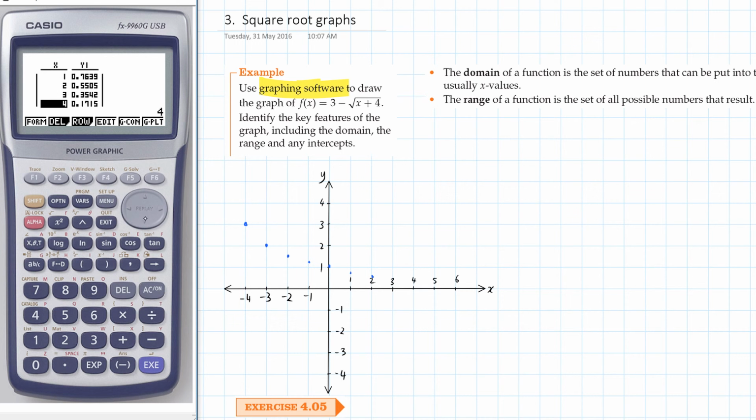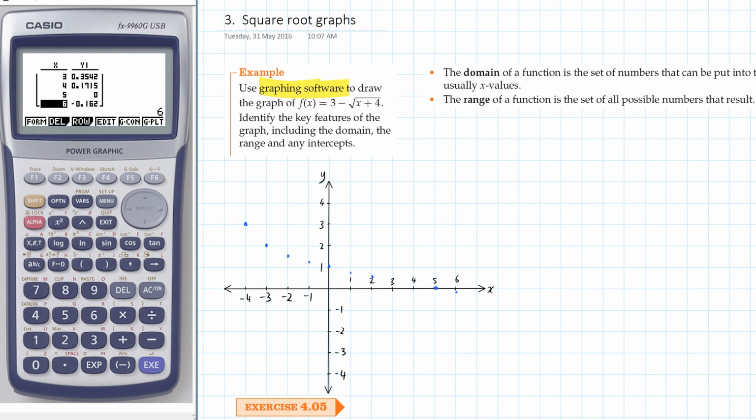You can see it keeps on going down. I might just make my next point 0 there, and we'll get one more, so I'll make it finish at 6. Okay, so our last point is just a little bit underneath there.